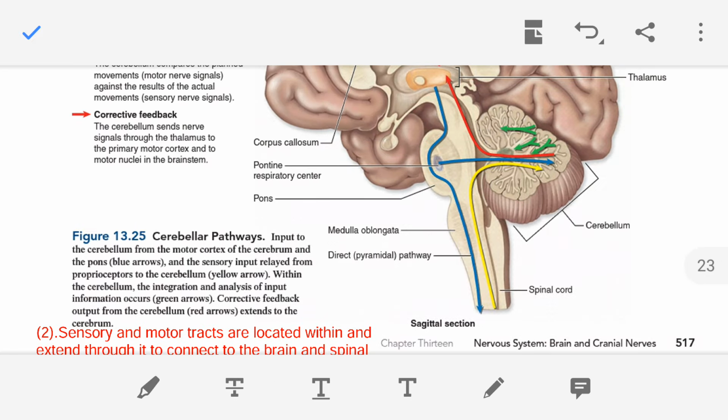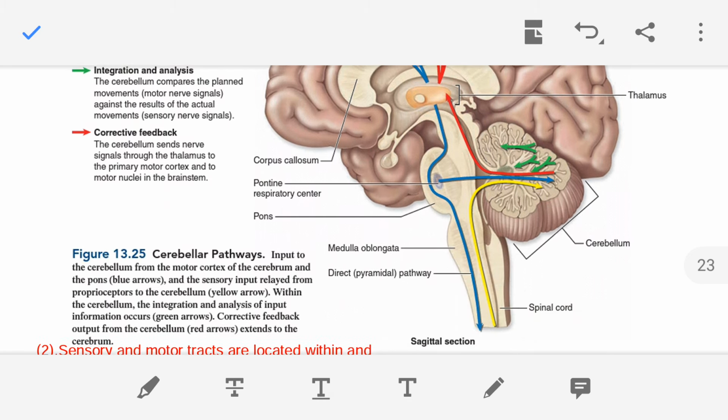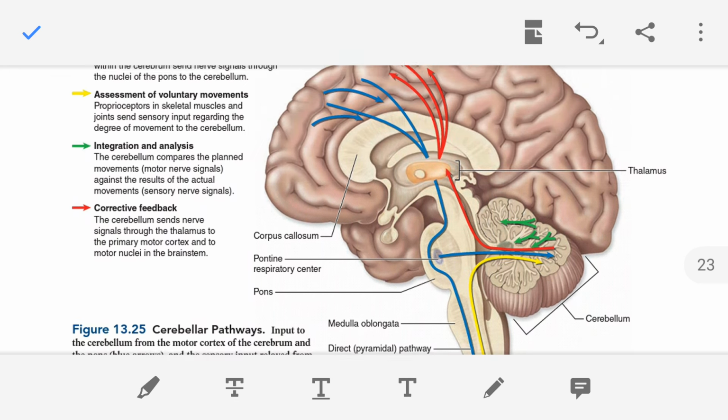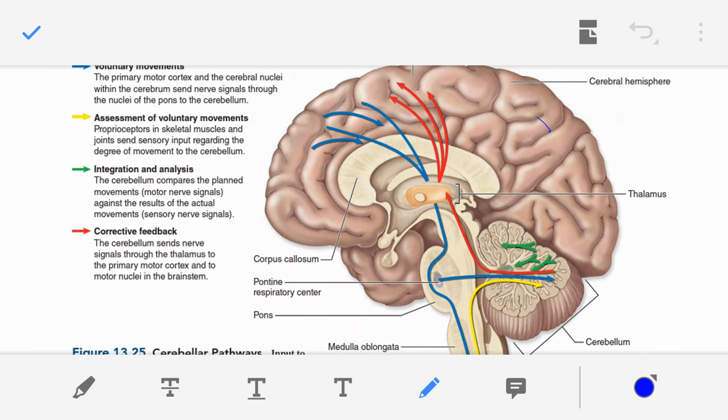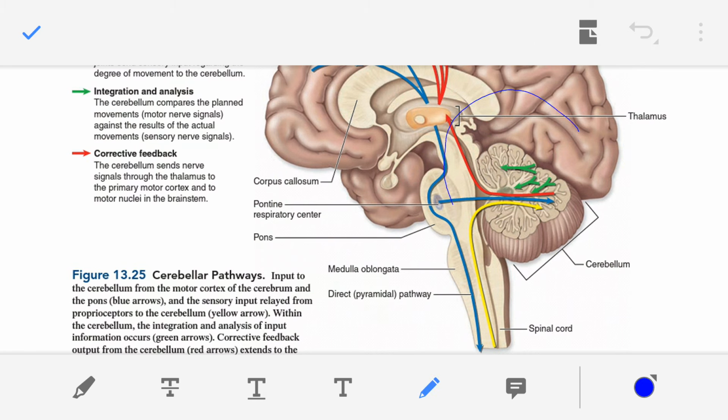For example, in this figure, the blue, red and yellow colors we can imagine as the tracts. The tracts from the brain pass through the pons. In between the cerebrum and the spinal cord, the pons is present. So these tracts pass through the pons and reach the spinal cord.